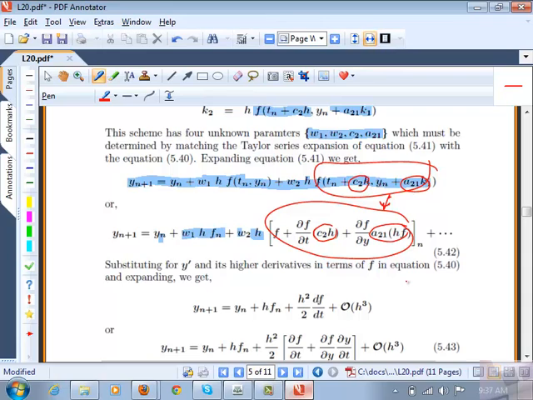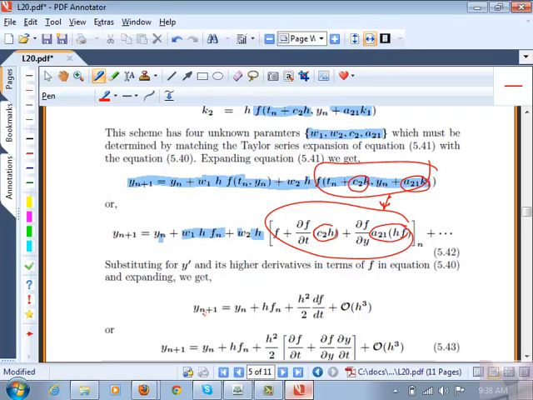We do term by term comparison. So we take this term which matches with y_{n+1}, and you take y_n which matches with that, and you take h f_n. In order to match it with that, what do we need? Be careful.